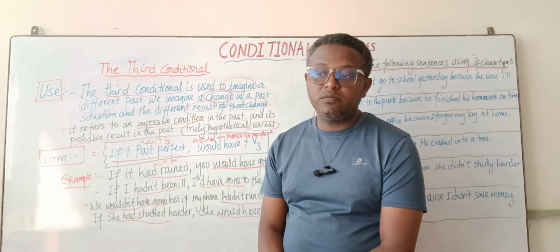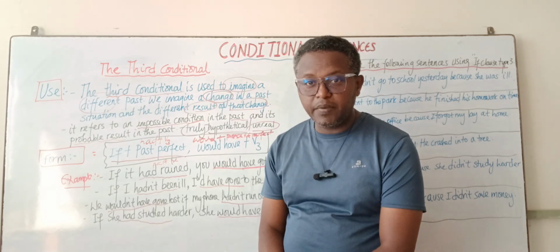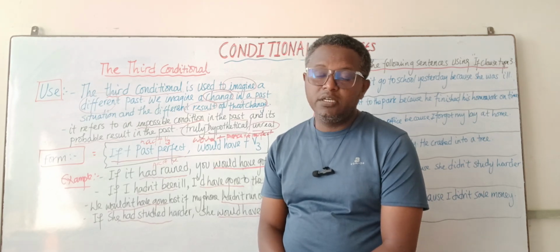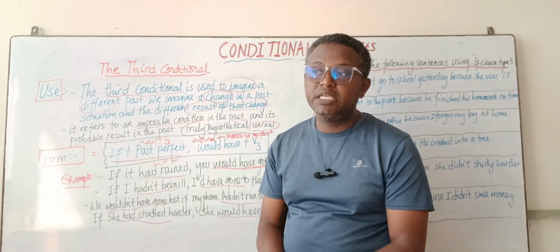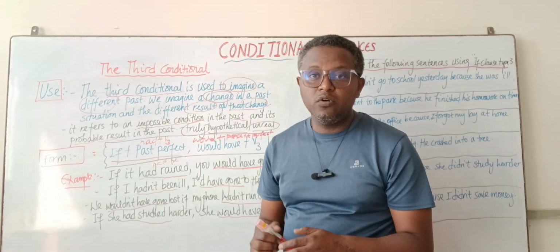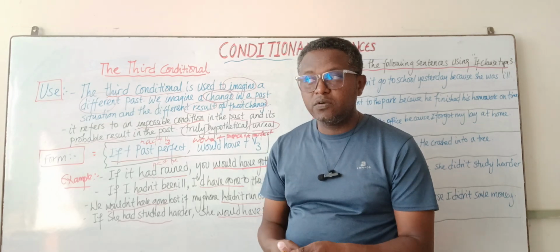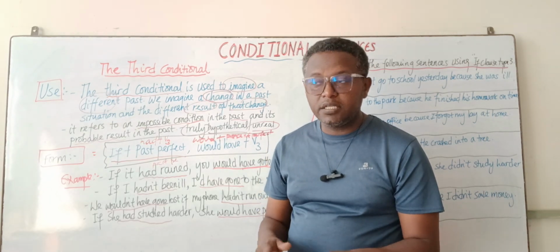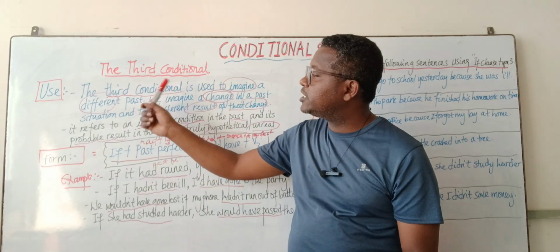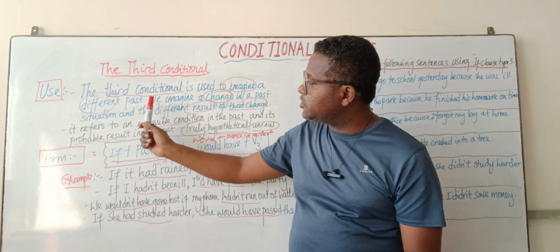This person dropped out of medical college, and as a result, he is an ordinary person now. He's not a doctor, right? So in such situations where we want to express our regrets, we use the third conditional. So the third conditional generally is used to talk about these situations.